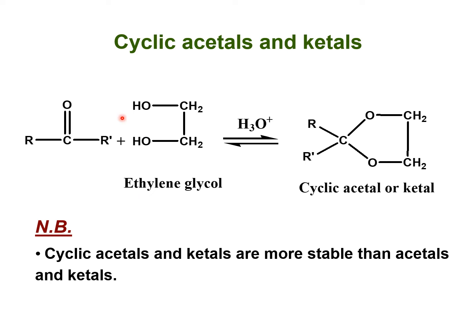It's as if we are using 2 alcohol molecules, but we're actually using 1 because it has 2 OHs. It produces the cyclic acetals and the cyclic ketals, and these are very stable and can be used to protect carbonyl compounds during reactions.